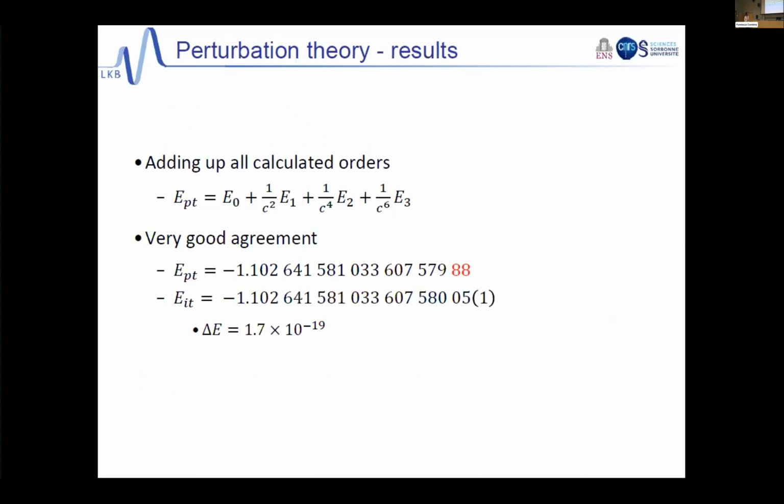So when we add all the calculated orders in perturbation theory, we get a very good agreement between our result using perturbation theory and our result using the iterative method. As you can see, the difference between them is only about 10 to the minus 19, which is comparable with the expected order of magnitude of the non-evaluated 4th order correction that we don't have.